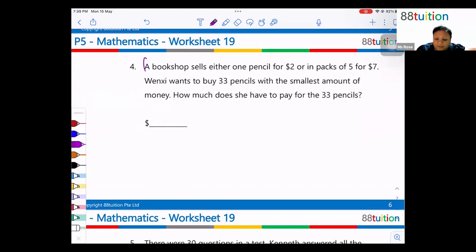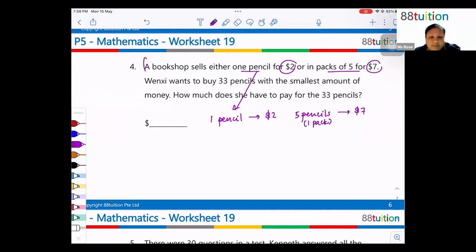A bookshop sells either one pencil for $2 or a pack of 5 for $7. Now, I can translate this information to: one pencil costs $2, or 5 pencils cost $7. So this is one pack.